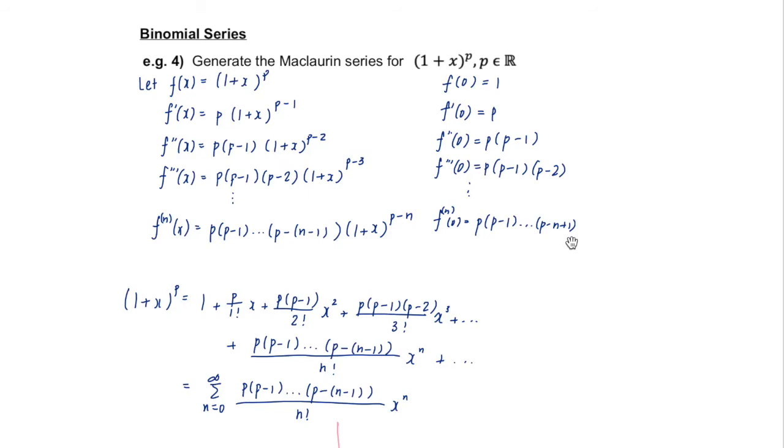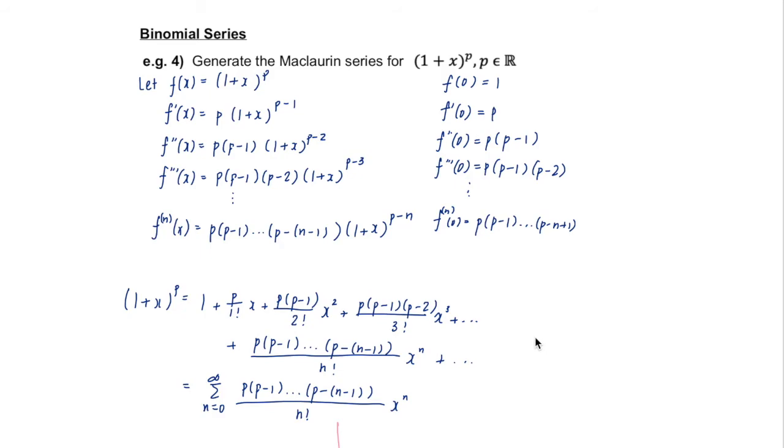So plugging these into the Maclaurin series formula, I'm going to have 1 over 0 factorial x to the power of 0, 1, first term. Second term, f prime of 0, p, over 1 factorial times x. Plus next term, I have f double prime at 0, which is p times p minus 1, over 2 factorial times x squared, and so on and so forth.